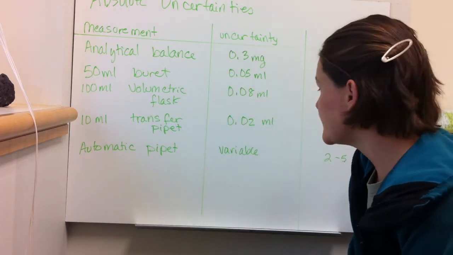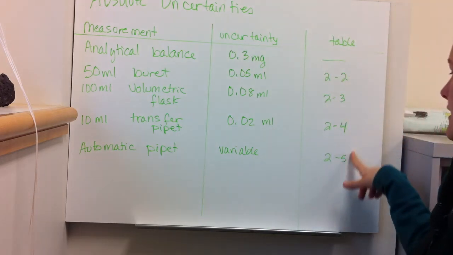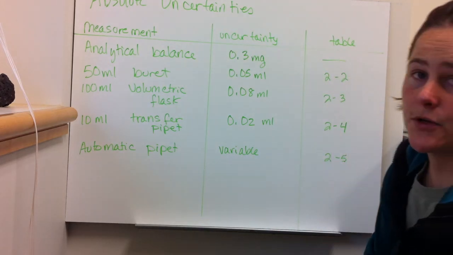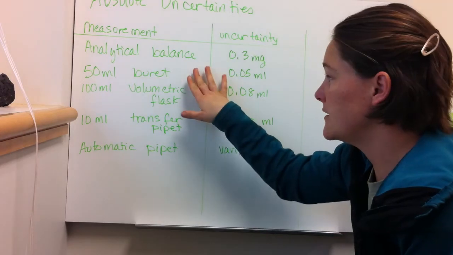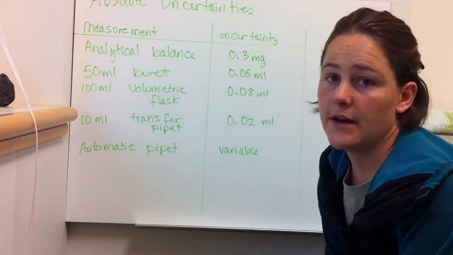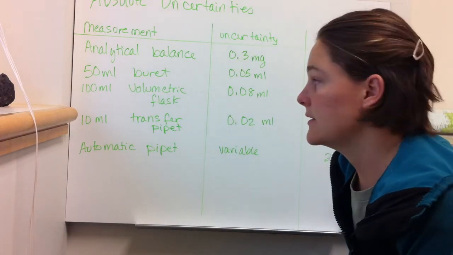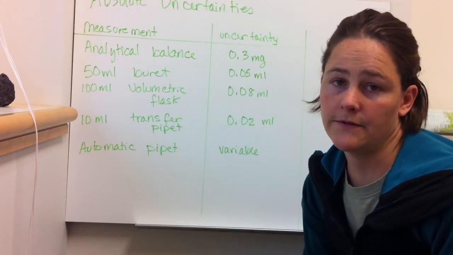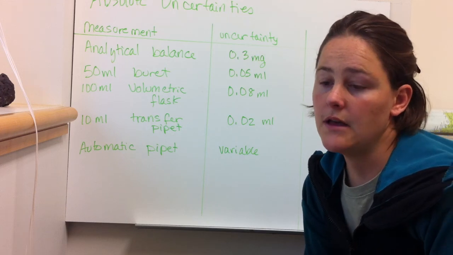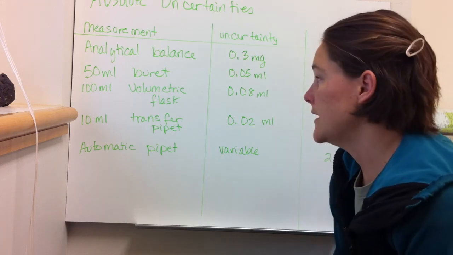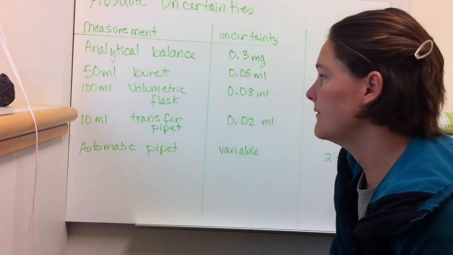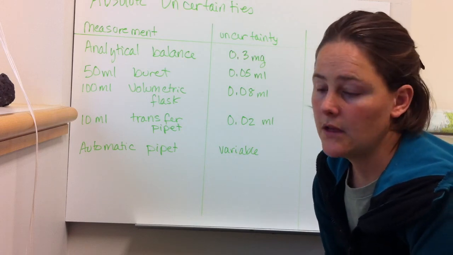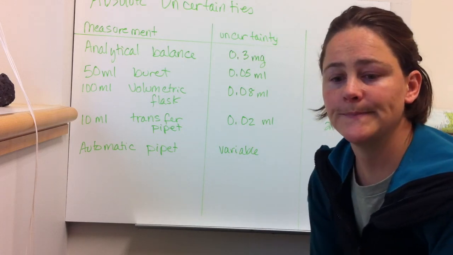There are tables in Chapter 2 that give the different uncertainties associated with different volumes of glassware. So a 50 milliliter burette has a different absolute uncertainty than a 25 milliliter burette, and the same goes for all the glassware. So that's something to think about as well. All right.